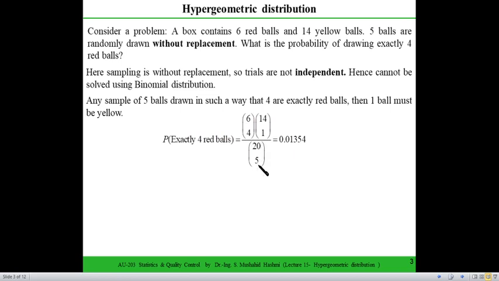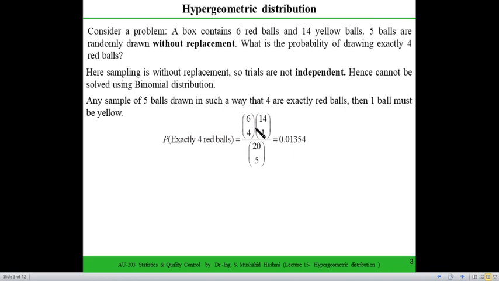So 20 combination 5 is in the denominator, which represents the number of combinations of choosing 5 balls out of the total 20.